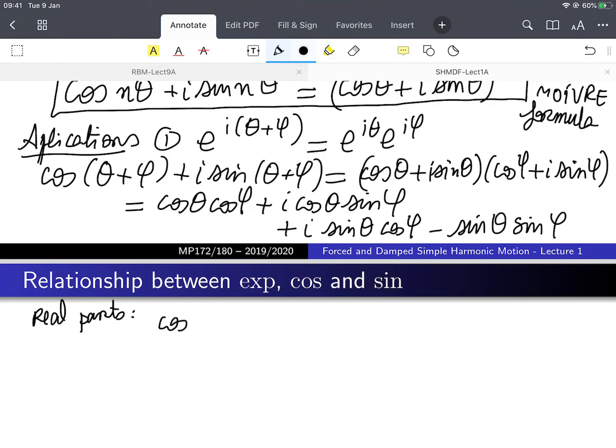So that's going to give me on the left cos theta plus phi, and on the right cos theta cos phi.